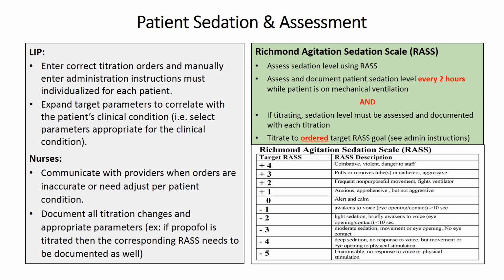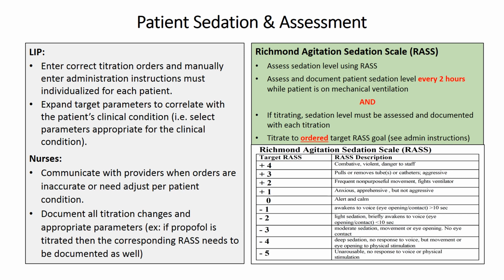So titrate to the ordered target RASS. So your providers, when they put the order in, will say propofol, whatever the range is, for a RASS of -1. Whatever the order says, you have to go by the order.